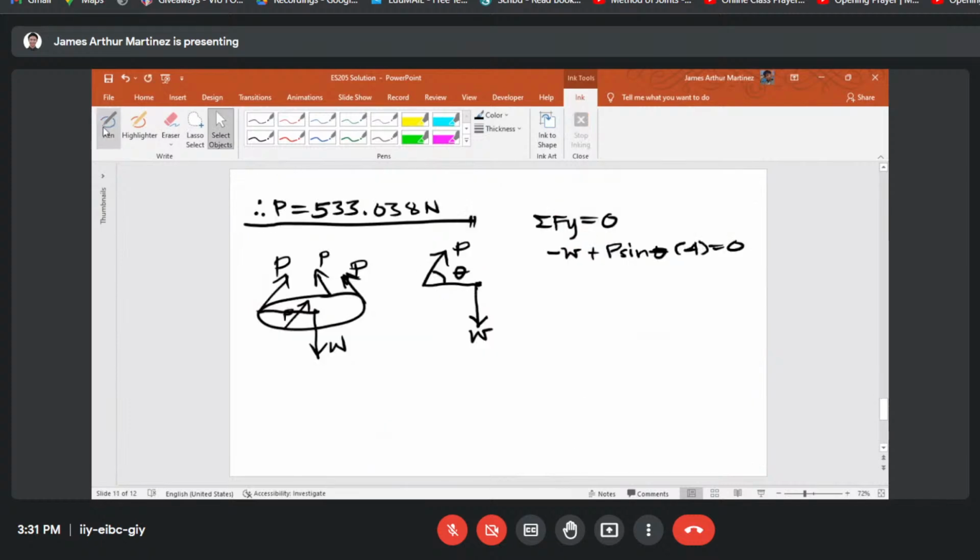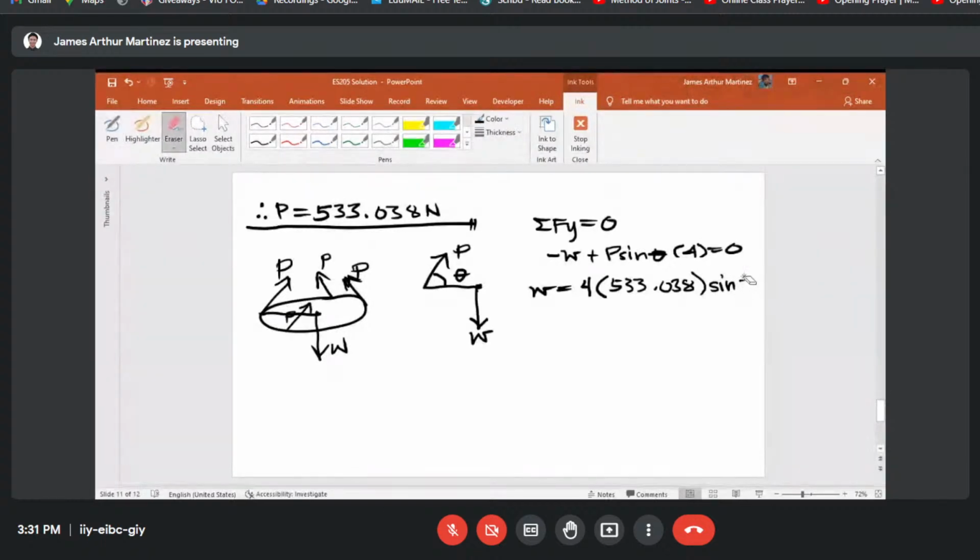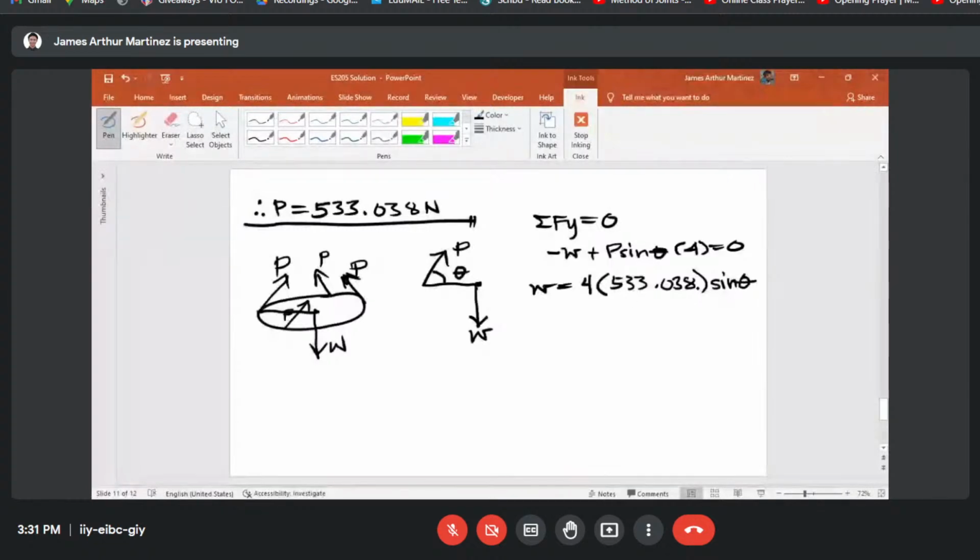So eventually, we can compute W. Transfer W to the left side and rearrange it in this manner: 4 times P, which is 533.038, times sine of 57.995, our angle theta. Of course, we substitute the value of angle theta in order to solve.